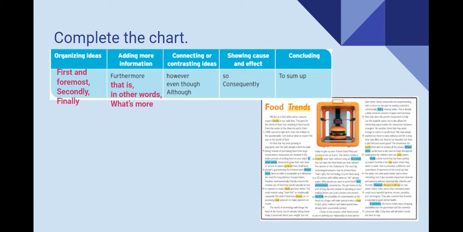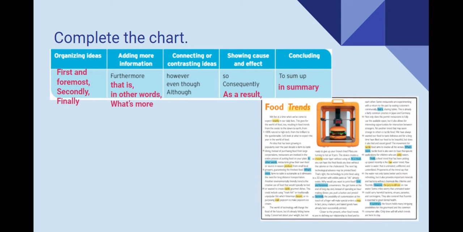In this case, that is and in other words usually go in the middle of the sentence and are not the beginning of them. For connecting or contrasting ideas, we didn't have to find anything. I mean, you had a however with a capital letter, but that was it. For showing cause and effect, you should have found as a result. And to conclude, we had to sum up and in summary.